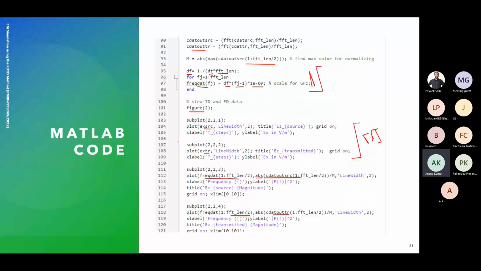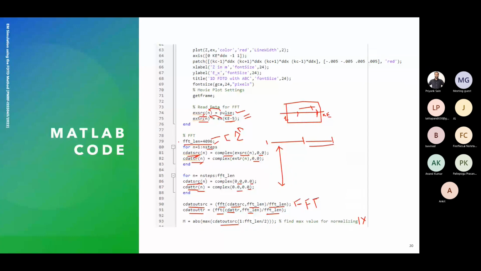You can look at the code, and if you have any questions, then we can discuss. Okay. So yes, Ankit.